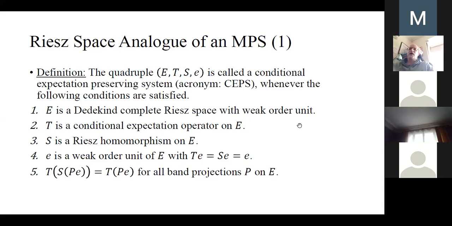For S, conditions 3 and 4 give you the type of map that is usually required in your ergodic systems, your dynamical systems. So it breaks down to your classical definition in the case of E being L1, T being your integral or expectation operator, and little e being the constant one function. Okay, thank you.